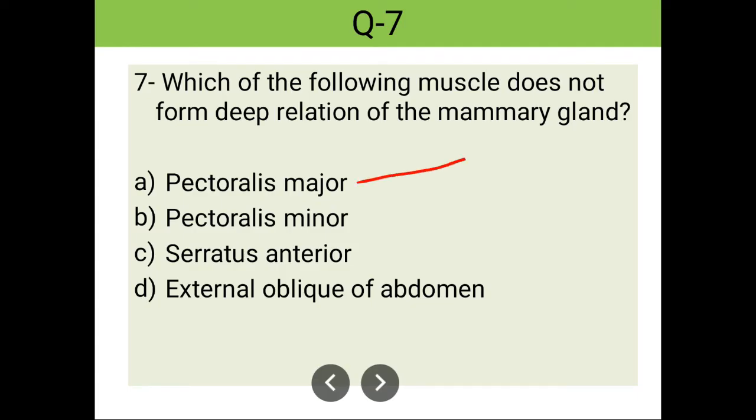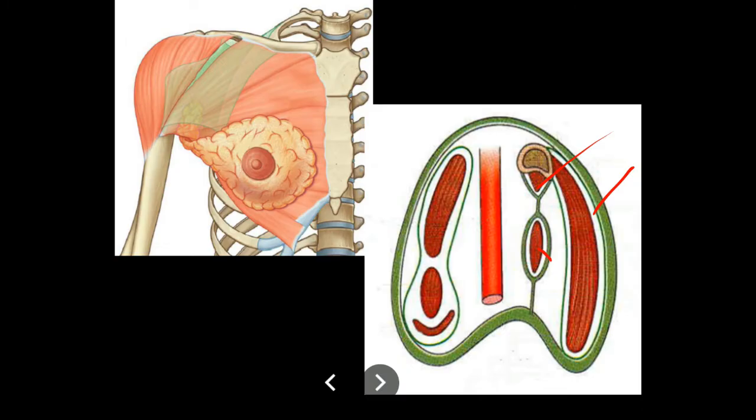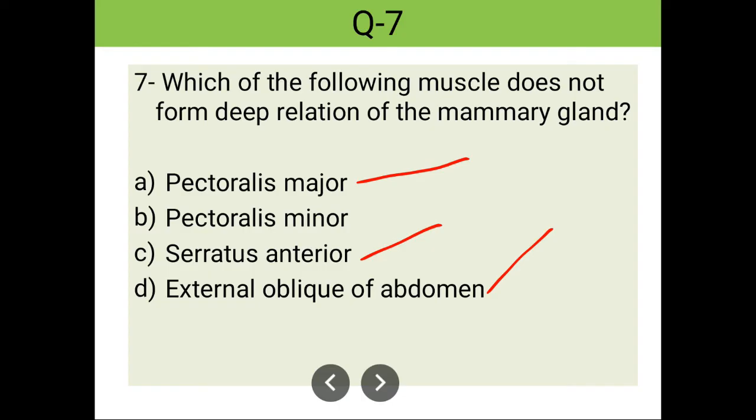Pectoralis major muscle, serratus anterior, and external oblique are present there superficially, the breast is touching them. But what is not making the deep relation? That is the pectoralis minor, because that is already covered. Here you can see it is covered by the pectoralis major, so it is impossible for the breast to make a relationship with that. So our best answer will be the B.